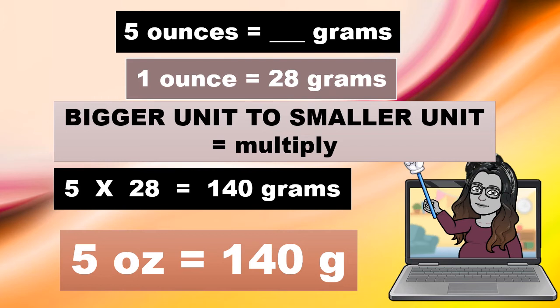So ounce is bigger than grams. So therefore, we are going to use the mathematical operation multiplication. So you will just multiply 5 to 28. 5 times 28 is equivalent to 140 grams. So our answer is 5 ounces equals 140 grams.